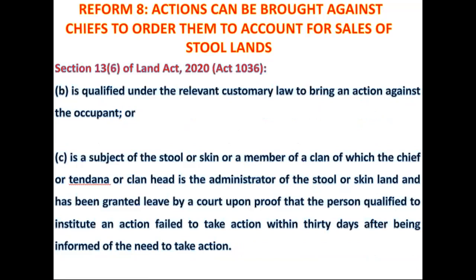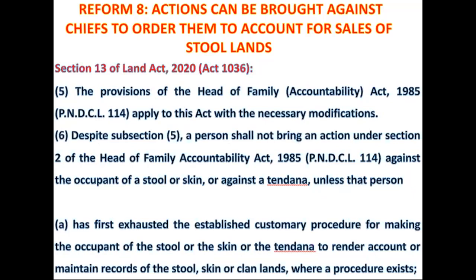But read section 13, subsections 5 and 6 to show the conditions a person must satisfy before he can bring an action against a chief and order him to account.